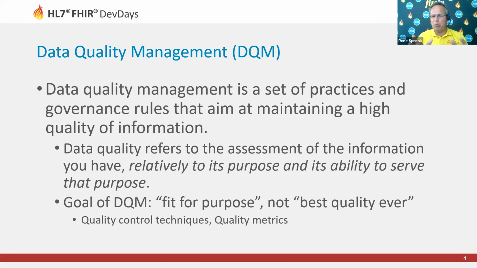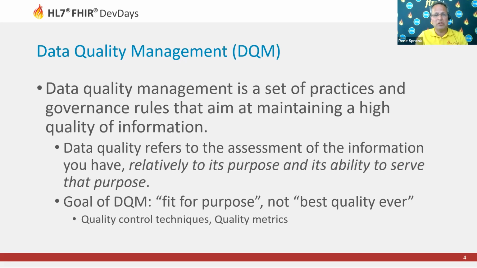So it's fit for purpose, the best fit that we can have for a specific purpose. There is no such thing as a best quality ever without knowing the context of the data. You can spend a lot of effort trying to increase the quality, whereas that may be totally irrelevant in the context that you're dealing with.